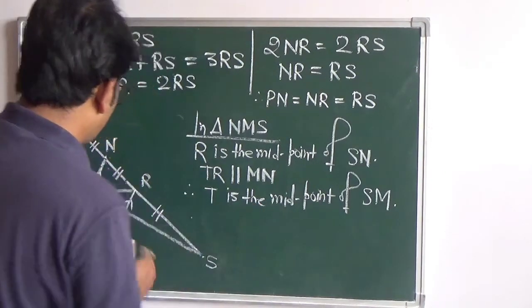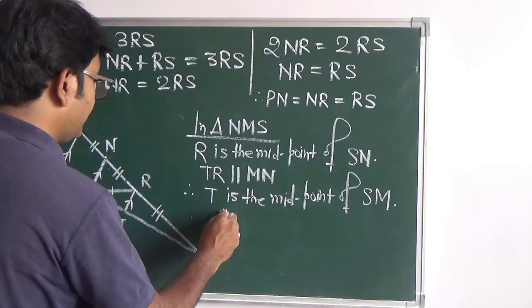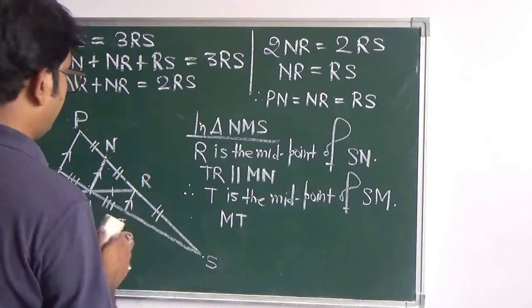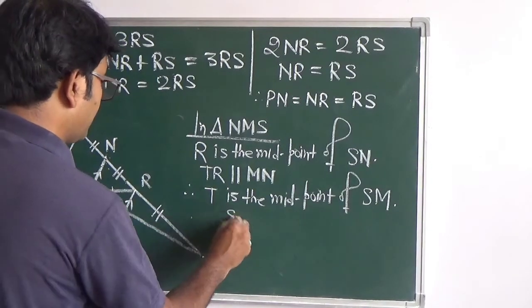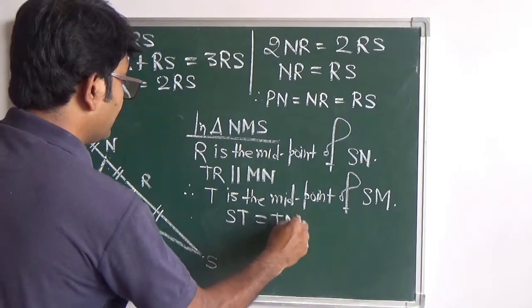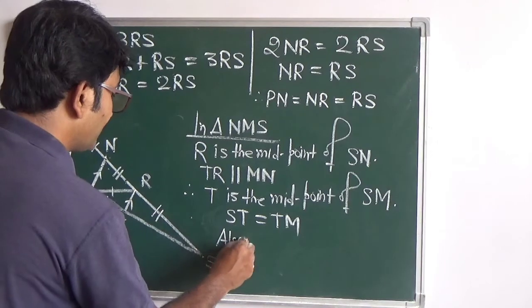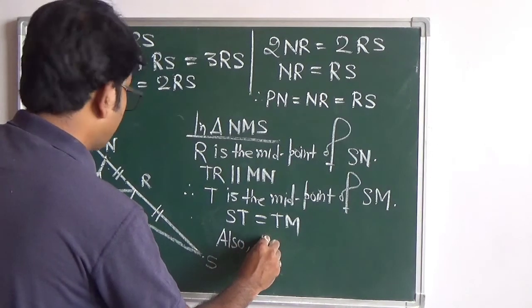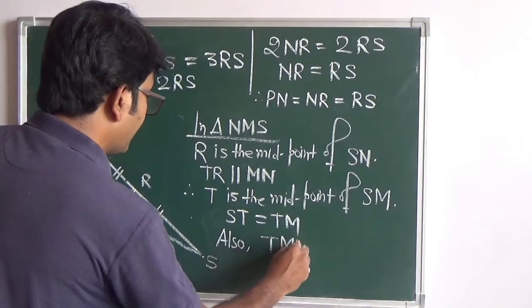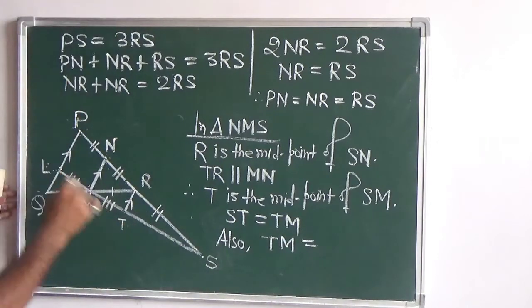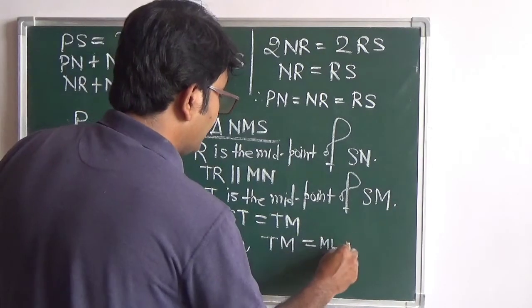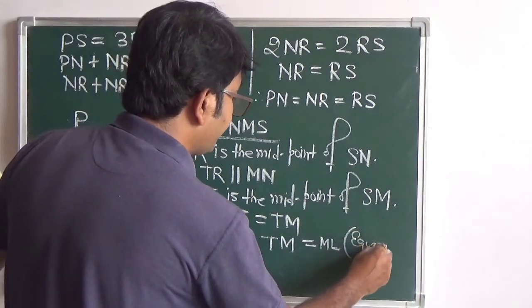So T is the midpoint of SM, so we can write ST equals TM. We can also write LM equals MT, so TM equals ML, and this is by the equal intercept theorem.